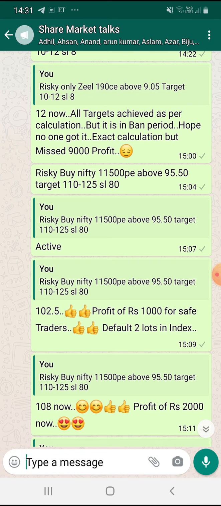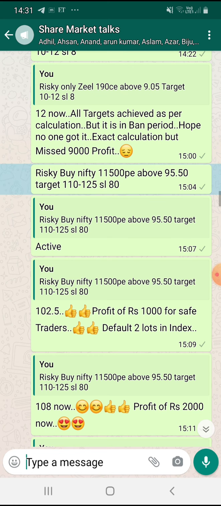We discussed that. If we are thinking that a share will come down, we will buy PE. Please note it down. Here it is not a share, it is Nifty, we give calls for the index. We are thinking that Nifty will come down, so we buy PE.